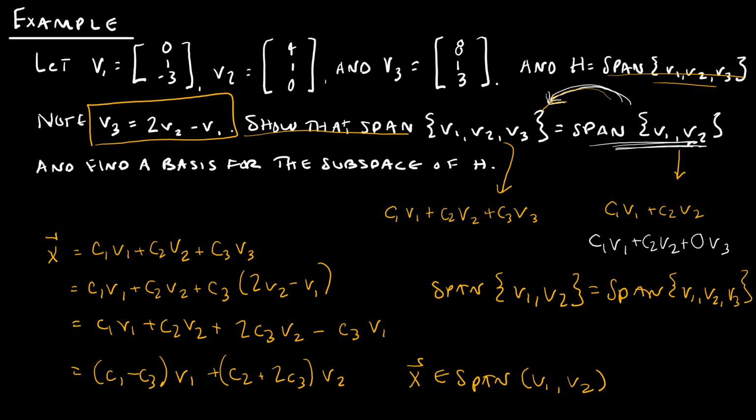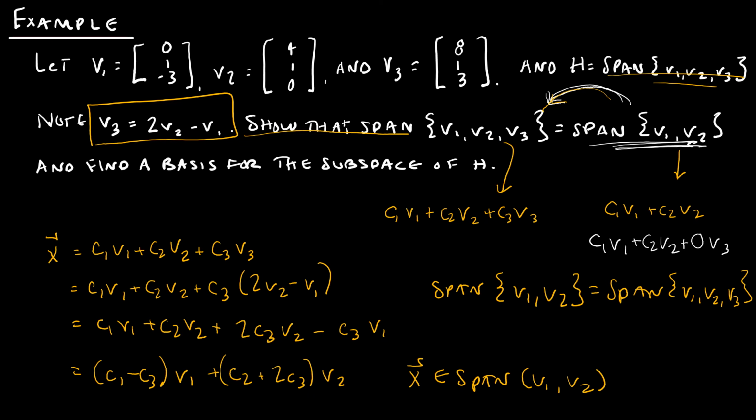True. Then it says find a basis for the subspace H. Well, a basis, remember, is a linearly independent set that spans H. Well, I've already just shown that v1, v2 span H, because it's the same thing.